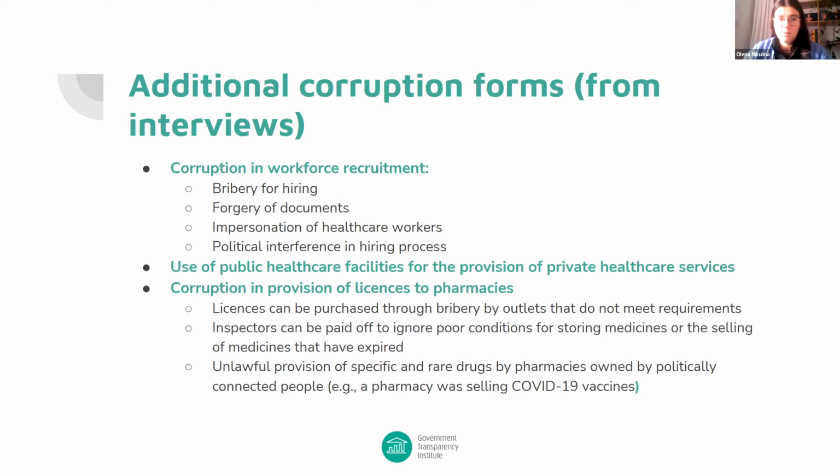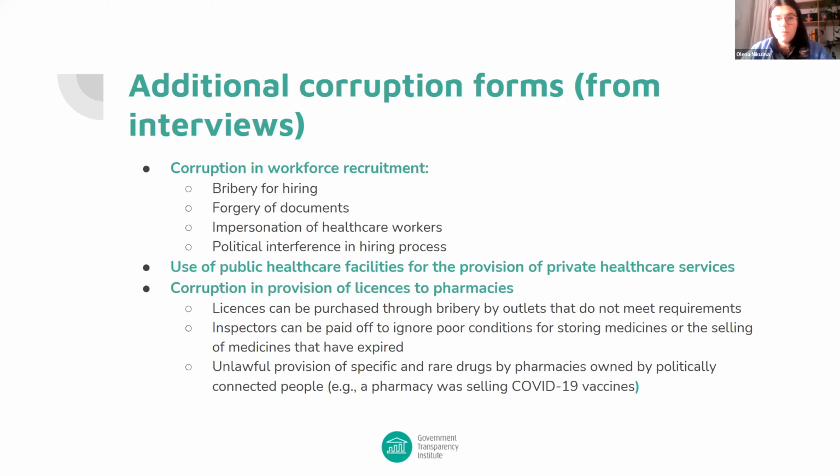Our study also identified different corruption forms and consequential corruption costs that are important to mention and maybe to explore later. We're not able to put numbers on them for now, but they are certainly important. These are different forms of corruption in healthcare workforce recruitment, for instance, bribery for hiring, forgery of documents, when doctors buy forged documents and start working in clinics without qualifications, and political interference in the hiring process.